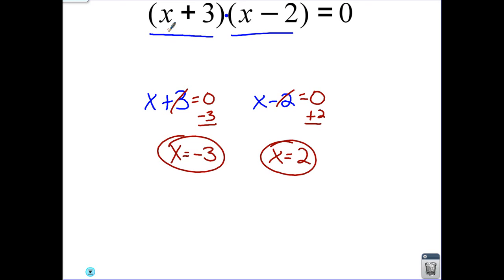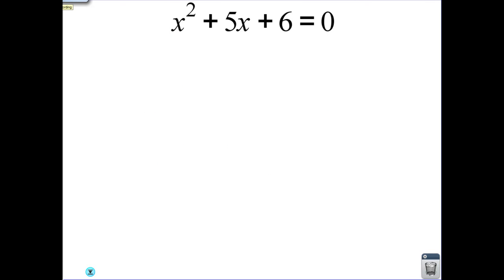Okay. So any questions about that? X squared plus 5x plus 6 equals 0. The problem we just worked had two things that multiply to give you 0. These are not being multiplied, they're being added. There are 3 things being added, not 2 things being multiplied.